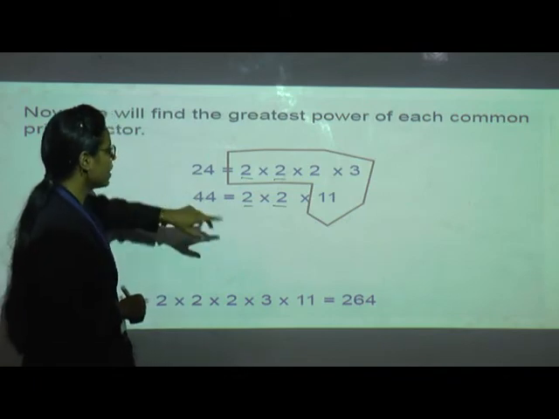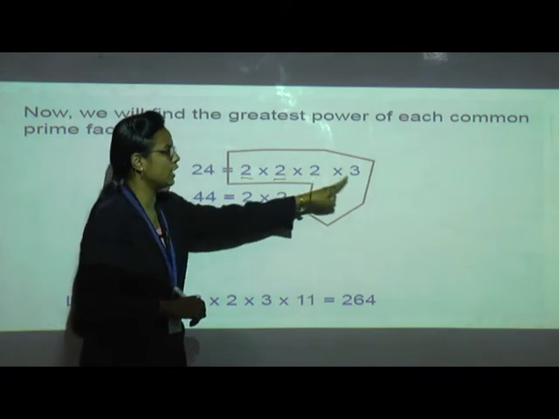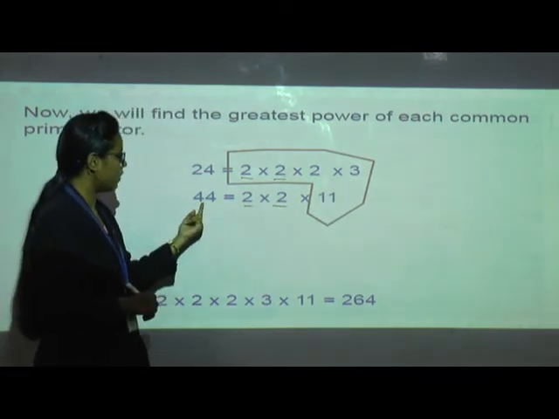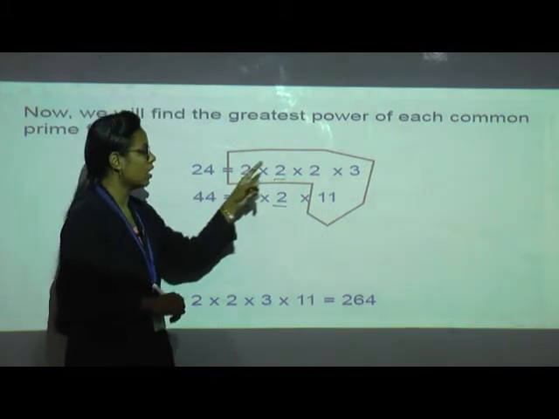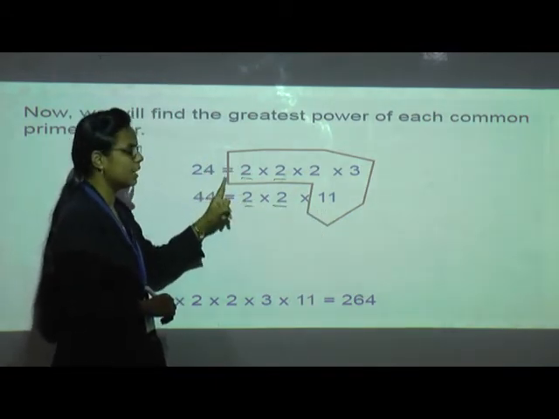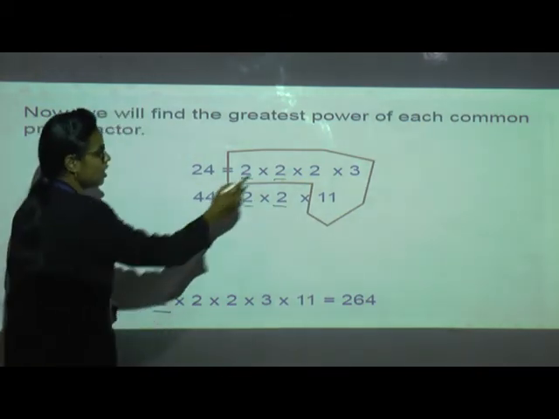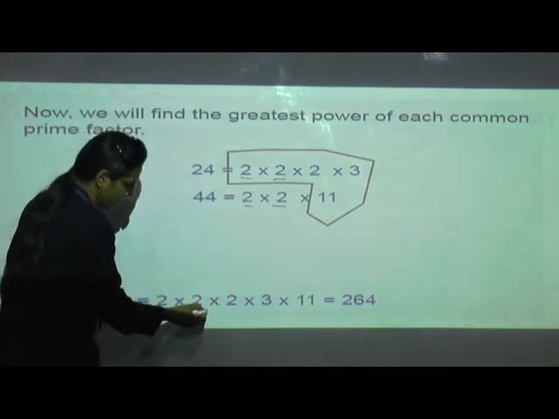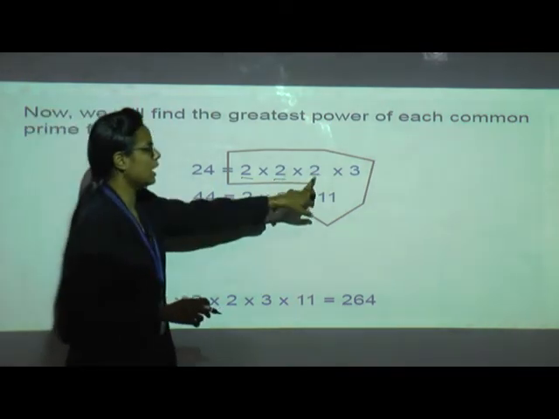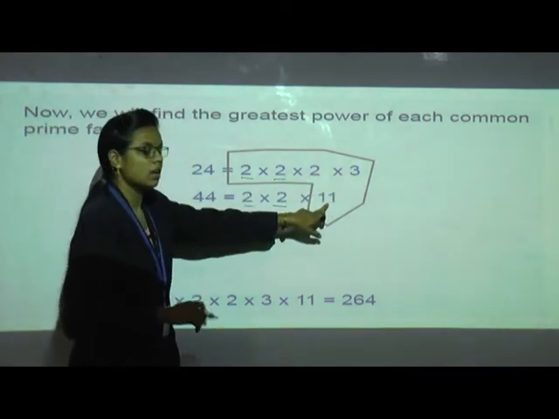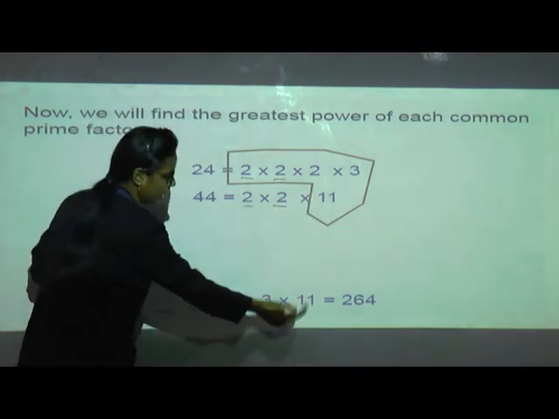The prime factors of 24 are 2 into 2 into 2 into 3, and of 44 are 2 into 2 into 11. Out of these, we take the two common 2s once. Now the remaining are 2 into 3 into 11, and that also we take here.